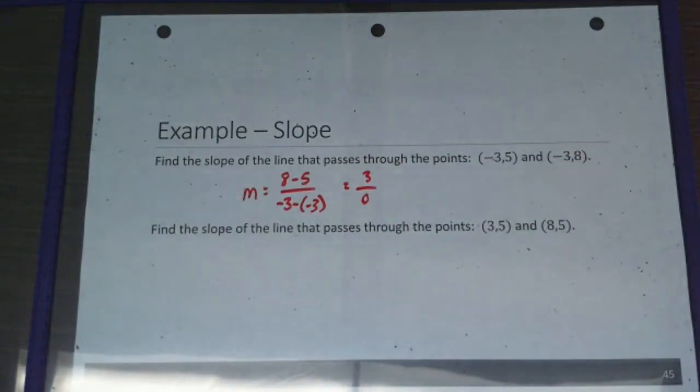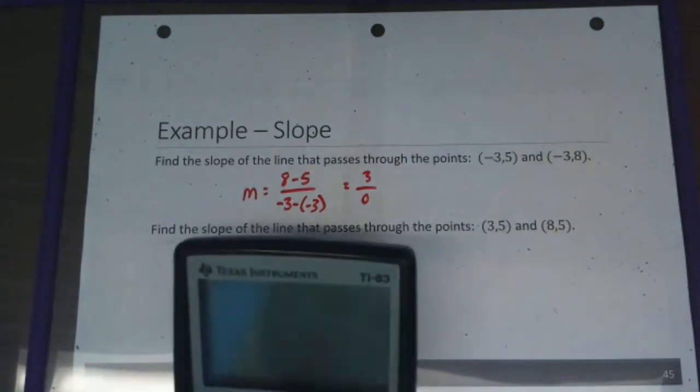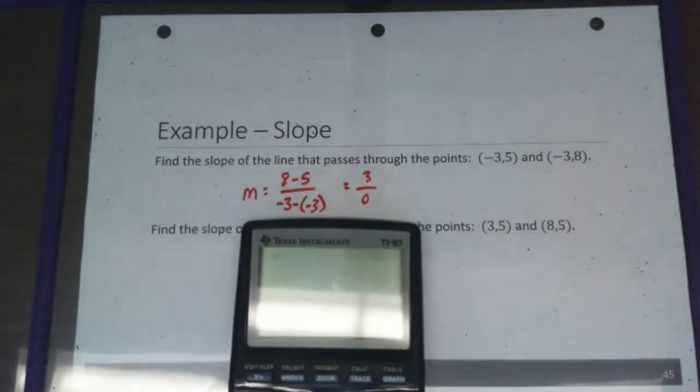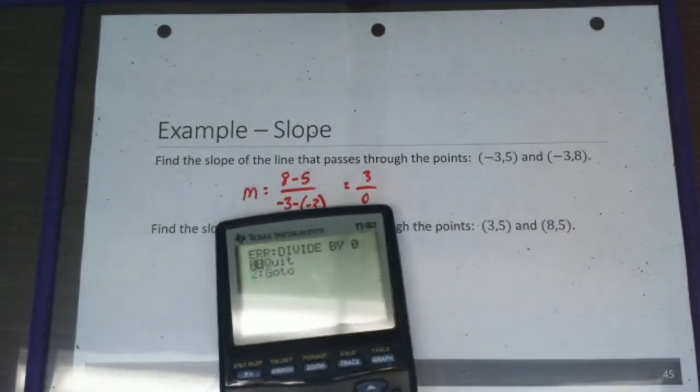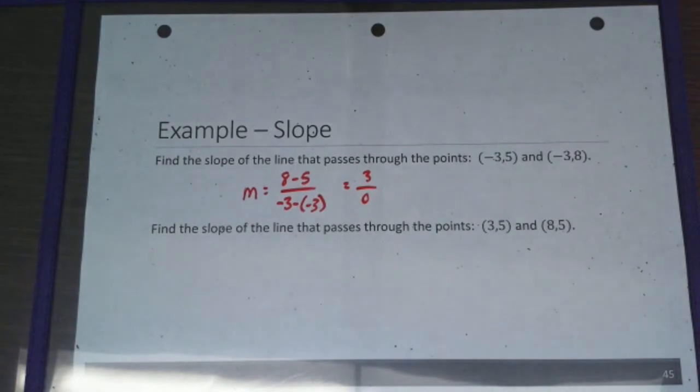Let's see what happens when I type 3 divided by 0 into my calculator. It gives me an error saying I'm dividing by 0. Dividing by 0 is something that's not allowed. And there's a nice little Easter egg provided via Siri that I want to share with you, so you can get a little chuckle out of why dividing by 0 is bad.